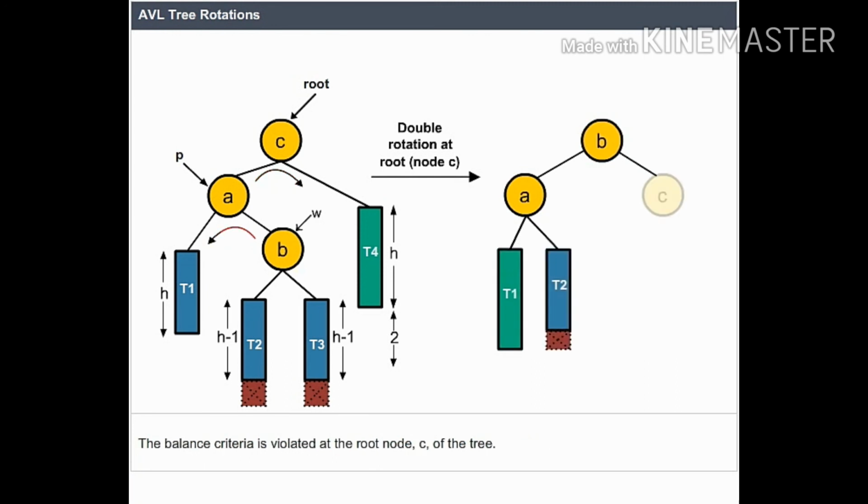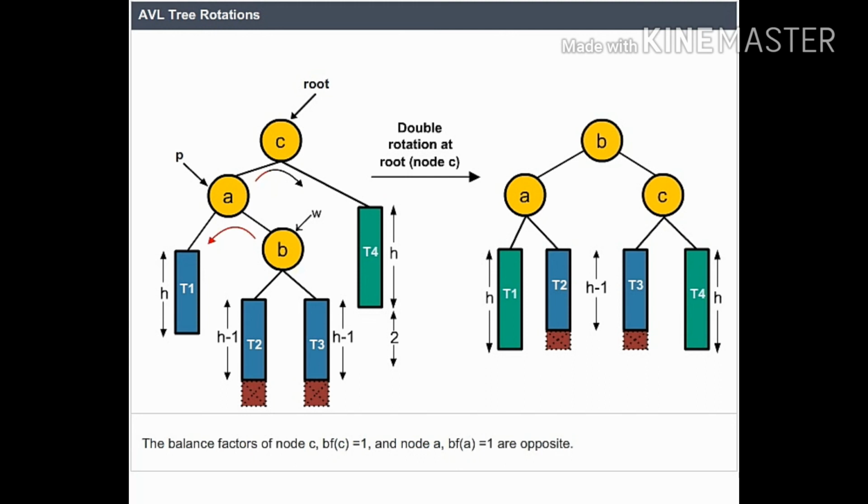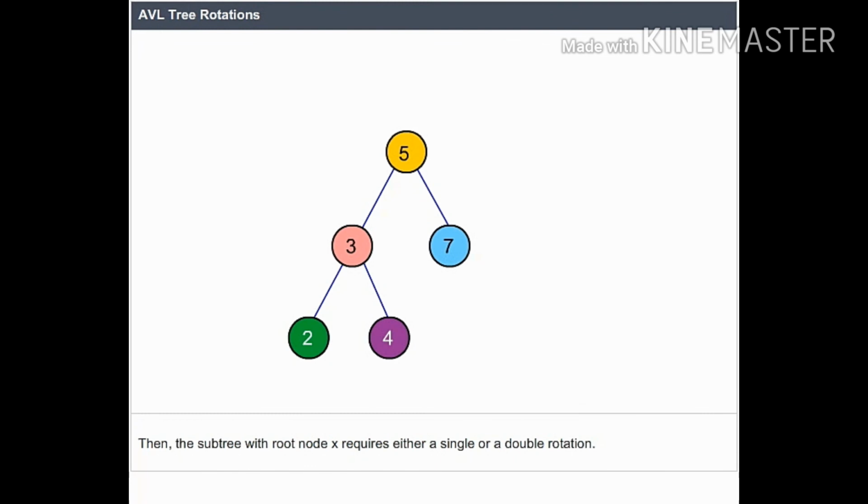The balance criteria is violated at the root node C of the tree. The balance factors of node C, BF of C equals 1, and node A, BF of A equals -1, are opposite. Then the subtree with root node X requires either a single or a double rotation.